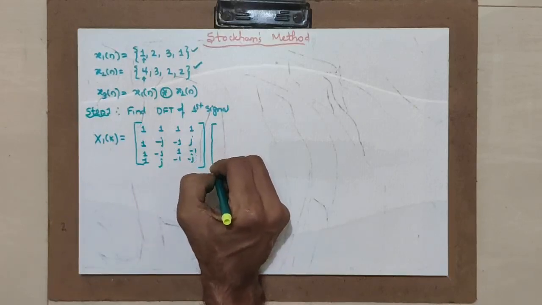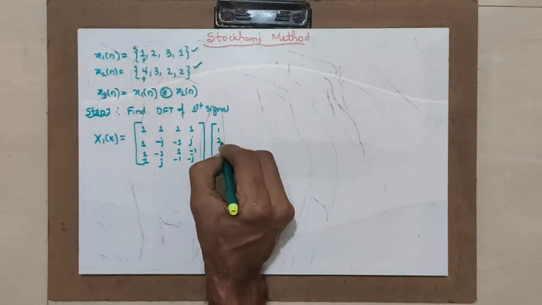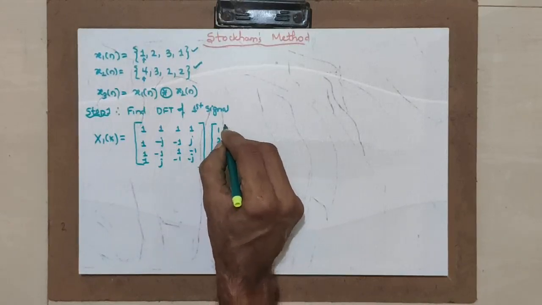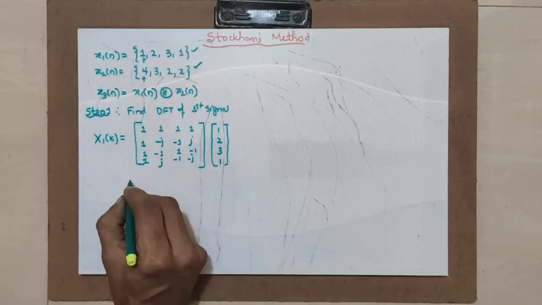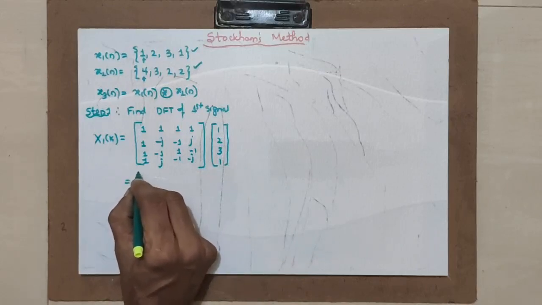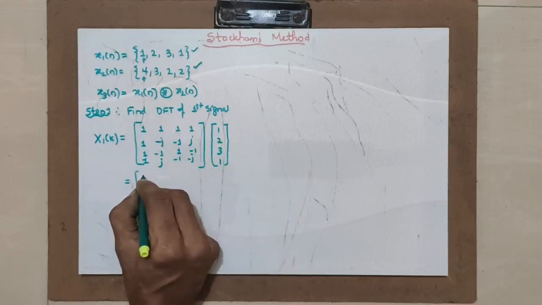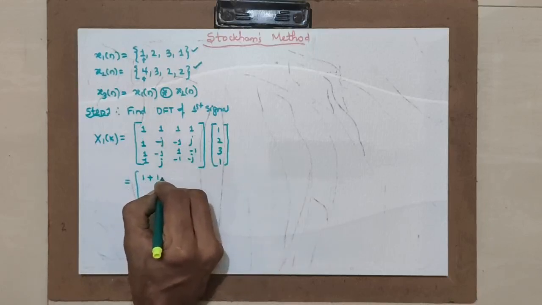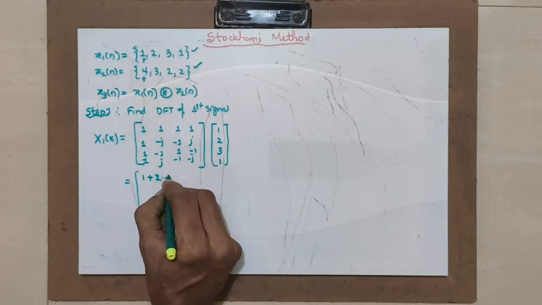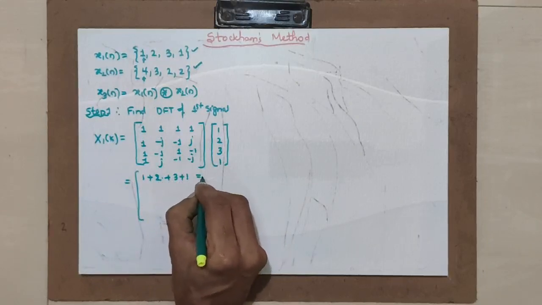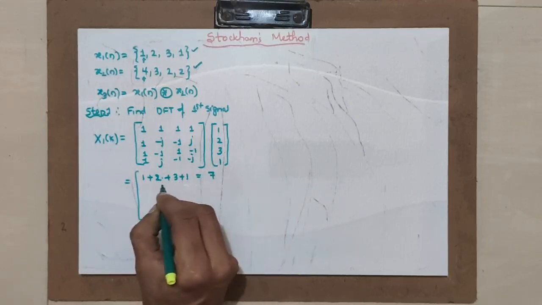And here the first signal given is 1, 2, 3, 1. Obviously you can find the answer, first row with the column and summing it up: 1 plus 2 plus 3 plus 1, which is equal to 7.